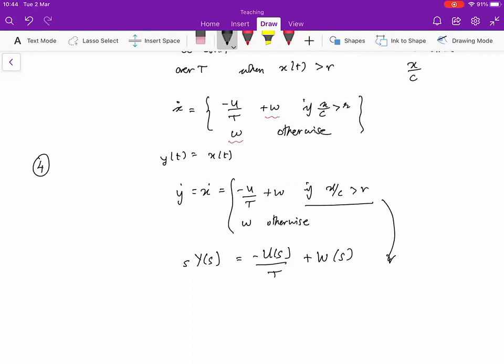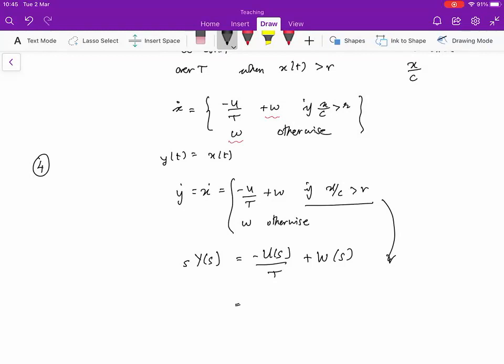And when we compute the transfer function, we ignore w because that's the disturbance that we really can't control. We essentially would end up modeling something like the disturbance is inside the input, so it's just a kind of modified input, so it doesn't really matter.